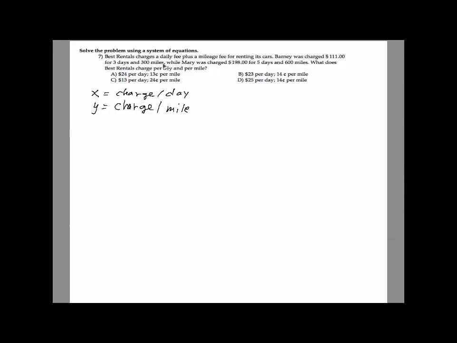So let's look at Barney first. He has to pay $111 for 3 days and 300 miles. So 3 days times how much we have to pay per day, so 3x, plus 300y, which is how much you have to pay per mile times 300, because he drove 300.